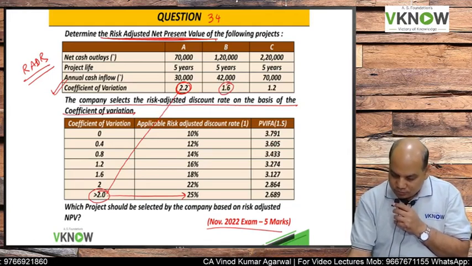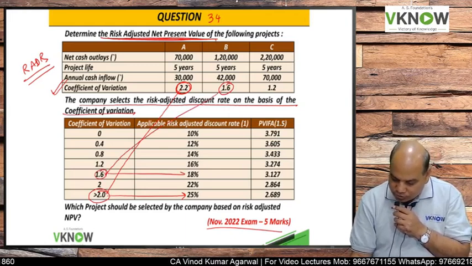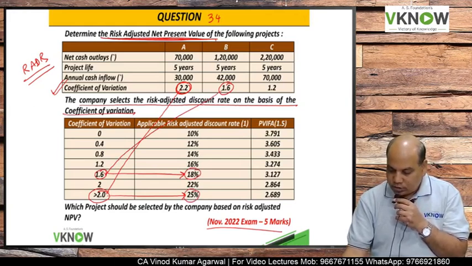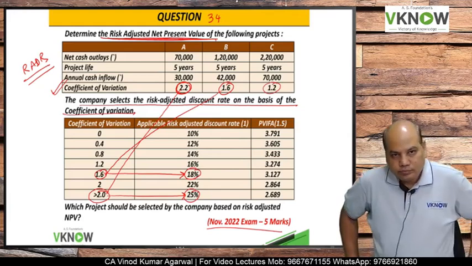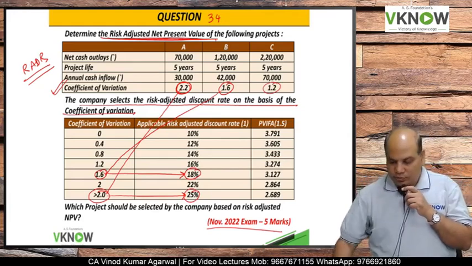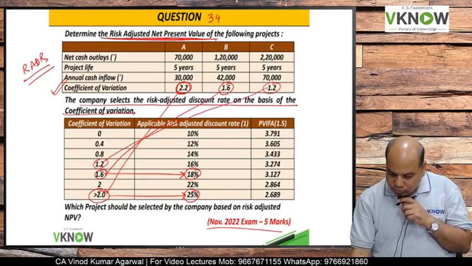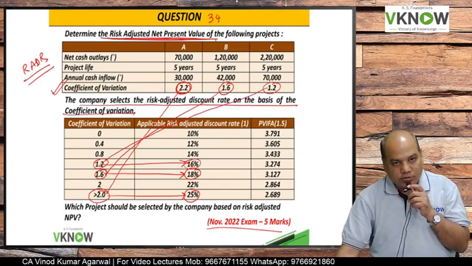1.6, where is 1.6? Here. So what discount rate we will use here? 18%. And project C has a lower coefficient of variation, means lower risk. 1.2, so this is 1.2. And what discount rate will use for this project? 16%.